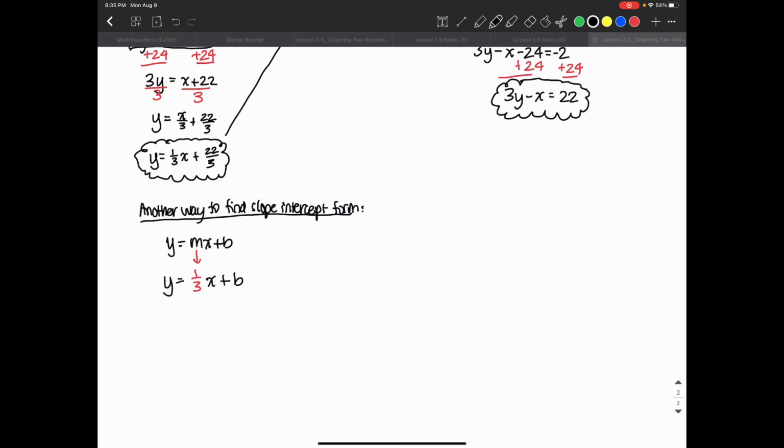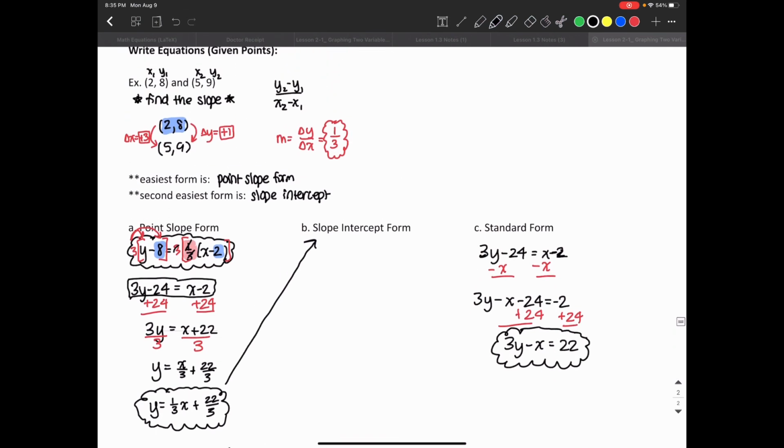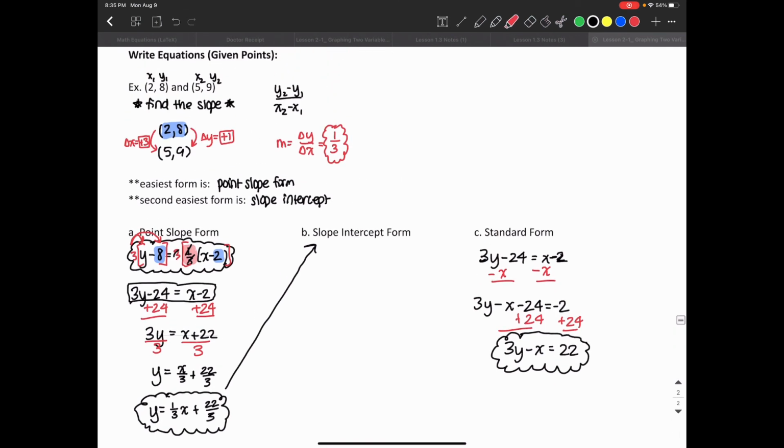I have 3 variables here. I can't solve a 3-variable equation. I can only solve a 1-variable equation if I have just one equation. So I need to somehow eliminate 2 of these variables. And what I can do is use an x and a y that I know go together.